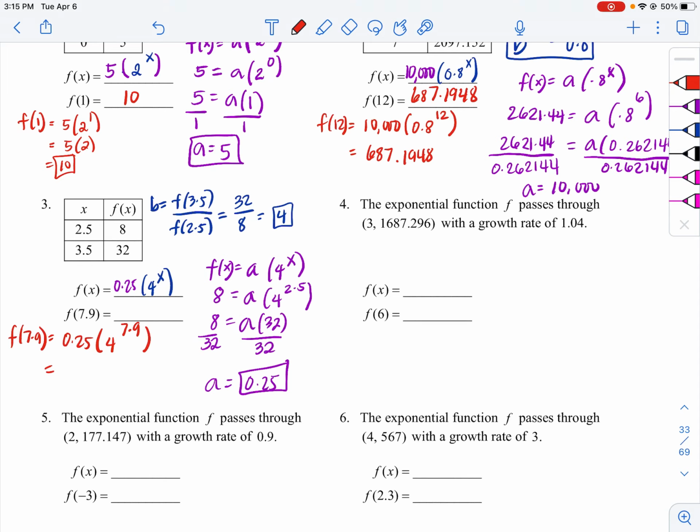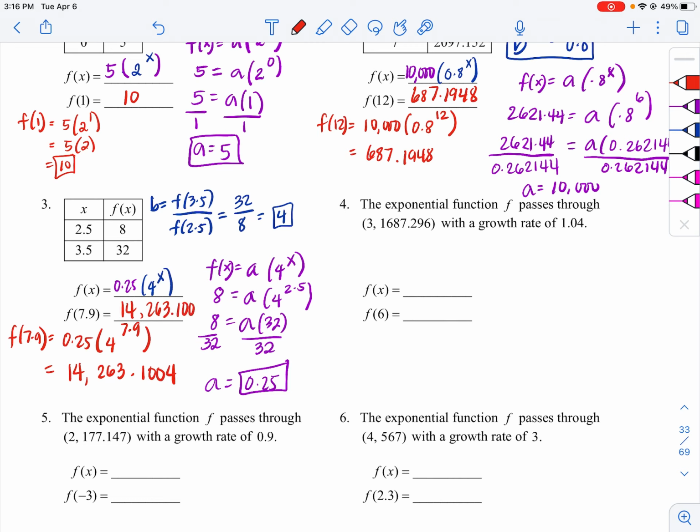And again, you have to solve 4 to the power of 7.9 first before you multiply it with 0.25. And hopefully, after you do that, you'll get 14,263.1004. There you have it.